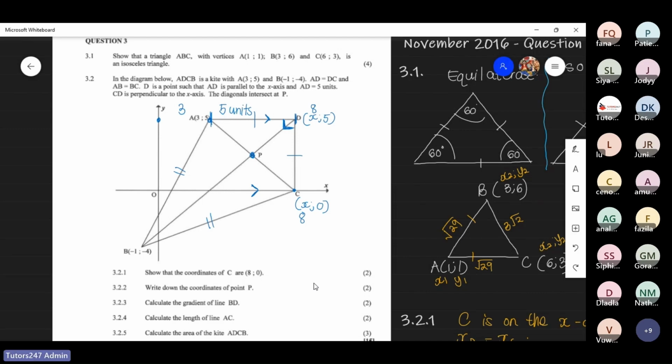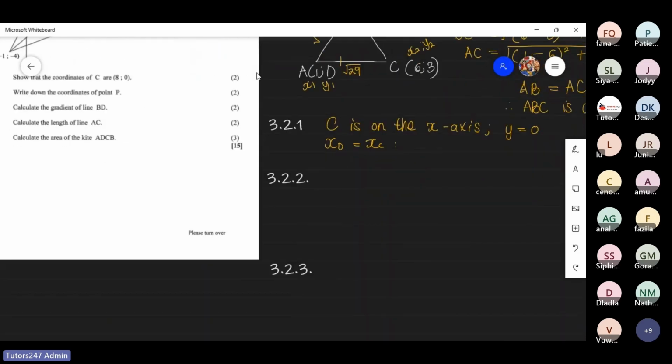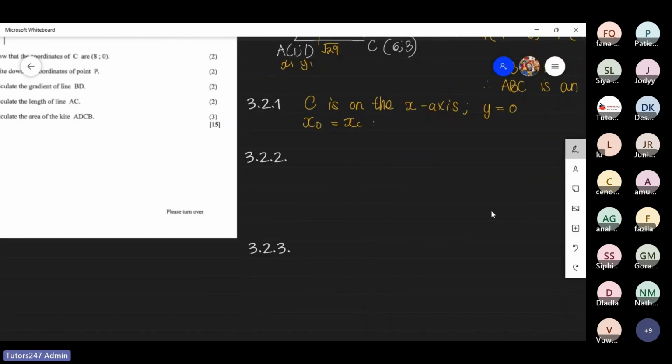So that's all you need to think of. If you are standing at point A, which has an x value of 3, and you walk 5 units to the right, you end up at 8. That is how we know that the x value of C and D is 8.